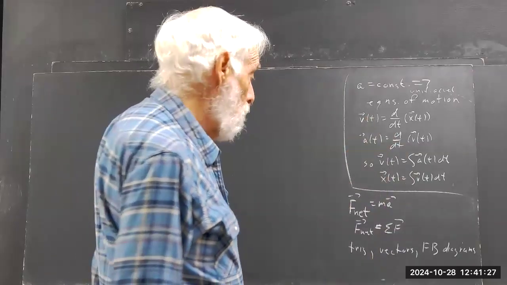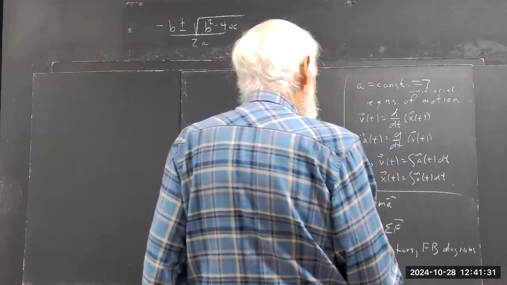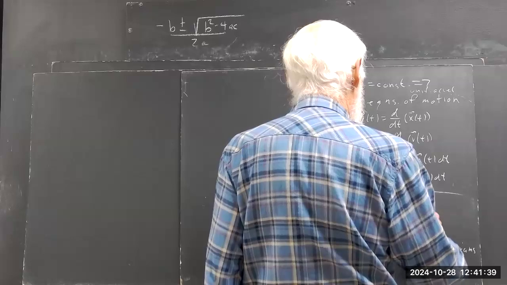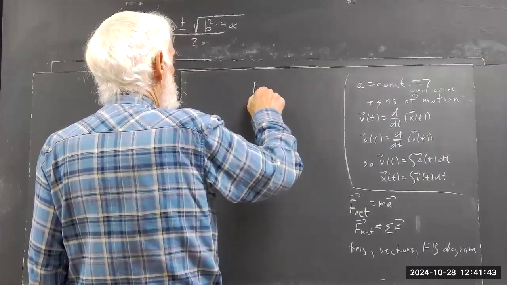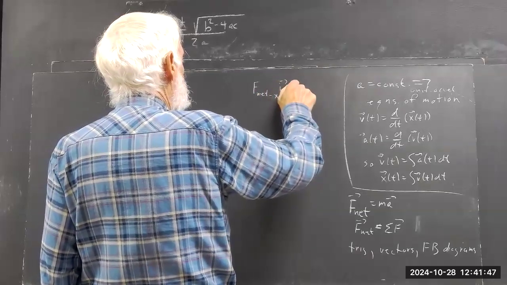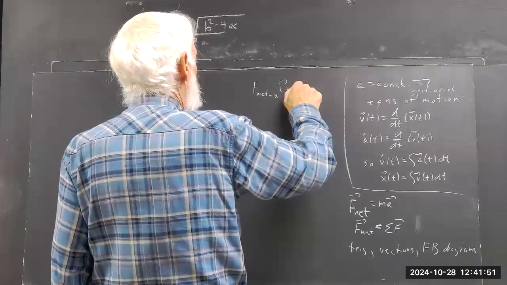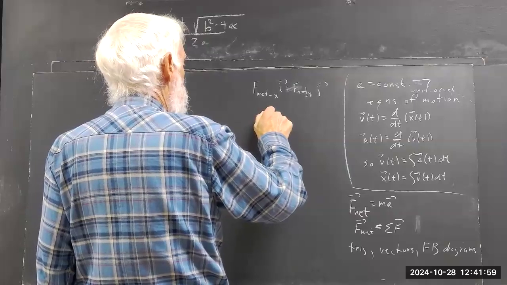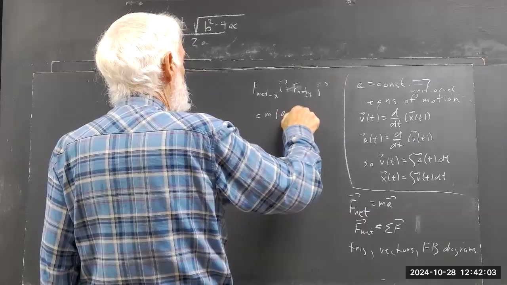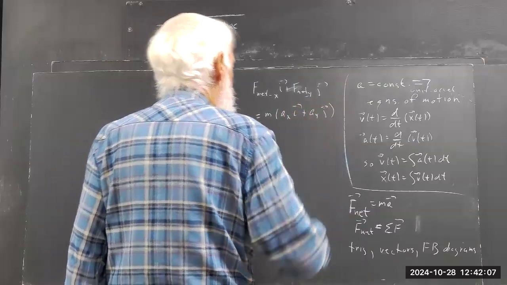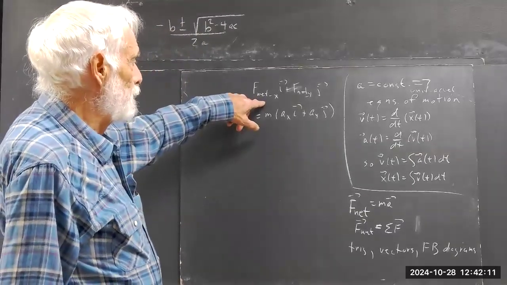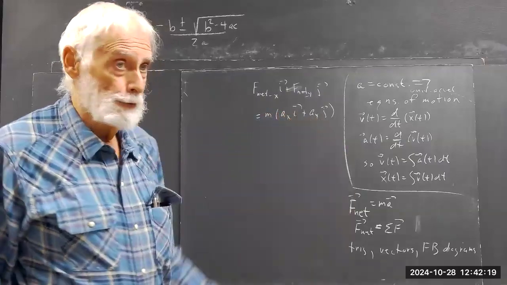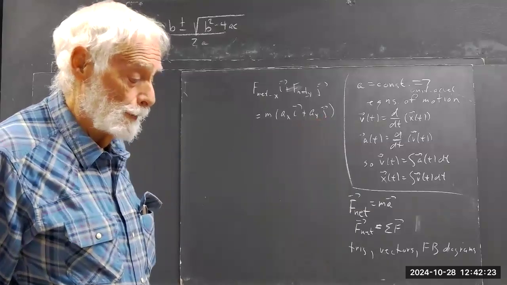We can take this and say that net X force times i plus net Y force times j equals mass times X acceleration times i plus Y acceleration times j. The X component of acceleration and so forth.